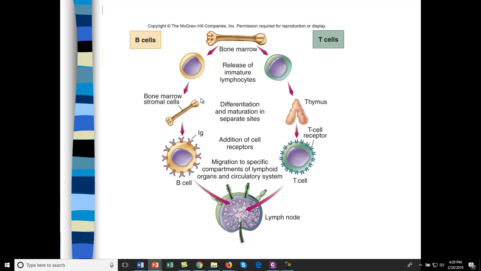Then these clonally expand, and you get antibody-studded B cells. IG is immune globulin, or immunoglobulin, which is an antibody. And then you get T cell surface receptors on T cells, and they migrate to lymphoid organs and wait. They wait until they're stimulated by some type of binding with an antigen, by a T helper cell, and then they'll expand and mount a response.